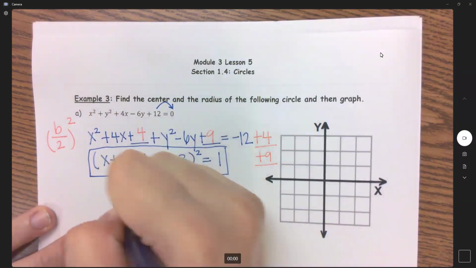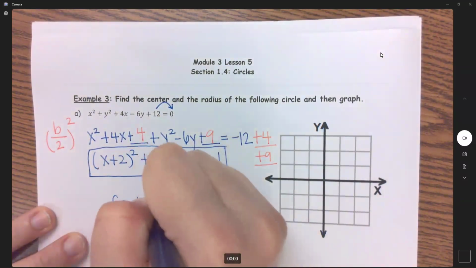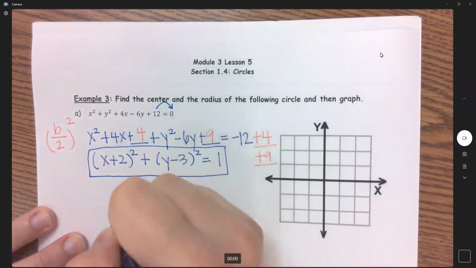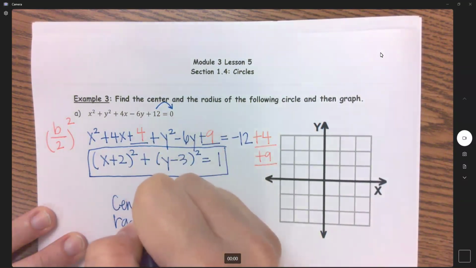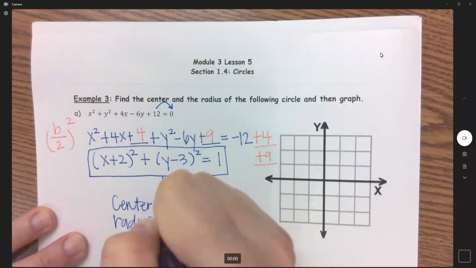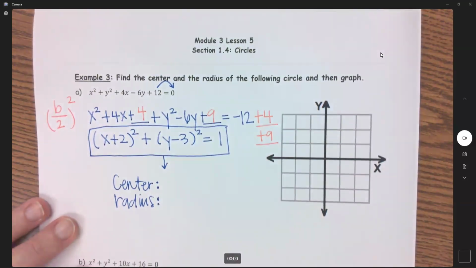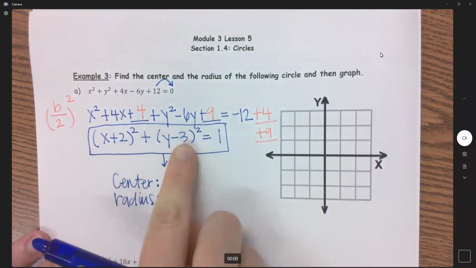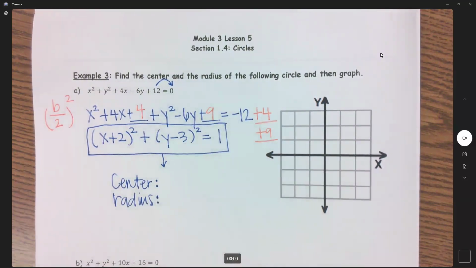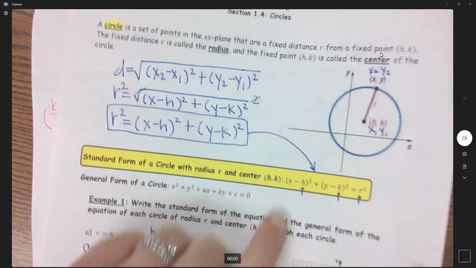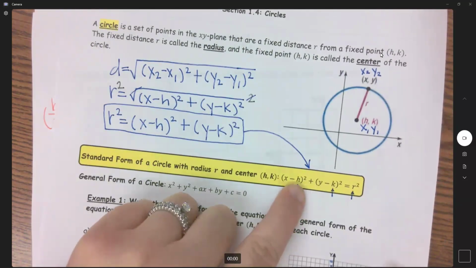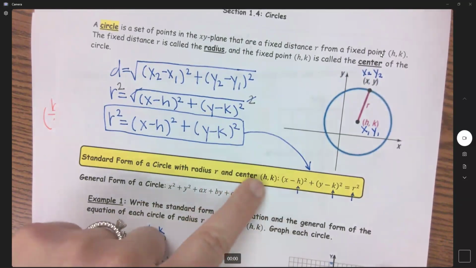We need to know what is the center and what is the radius. So the center is my (h, k), and remember, inside opposite, right? This is x minus h, so it's a positive h.